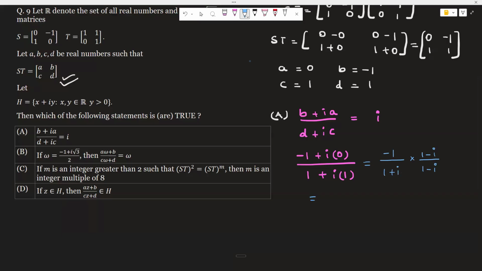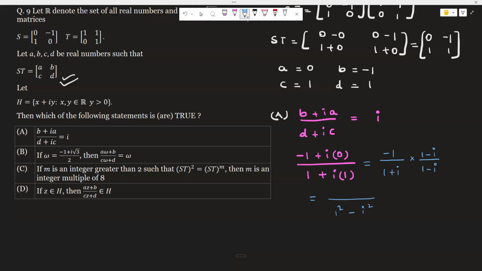In the denominator, 1 plus i into 1 minus i is a square minus b square. a square is 1 and b square is i square, so it is 1 minus i square.